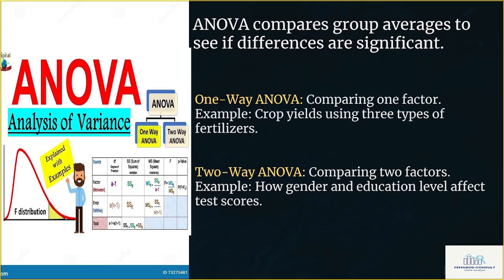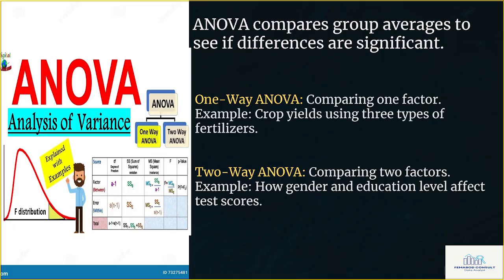So you compare group averages to see if differences are significant, and there is one-way ANOVA. In one-way ANOVA, you are using one factor. Take for example crop yields using three types of fertilizer. What is the effect of these three fertilizers on crop yield?